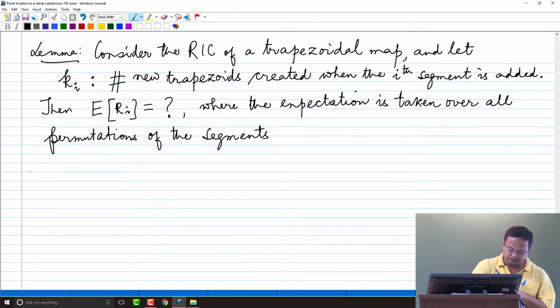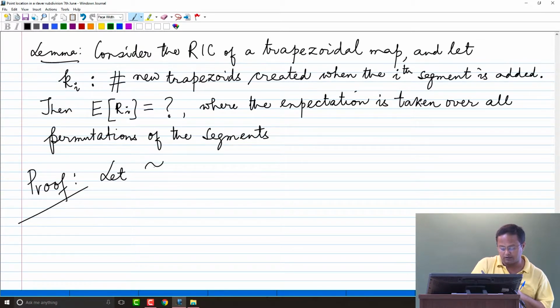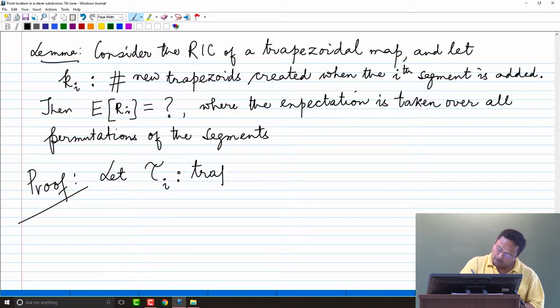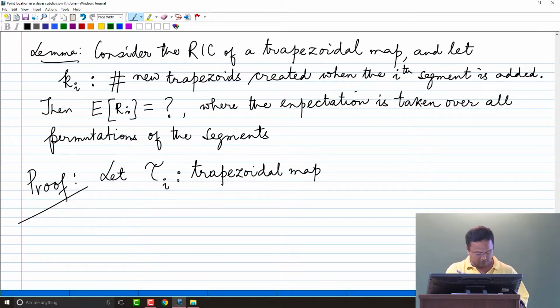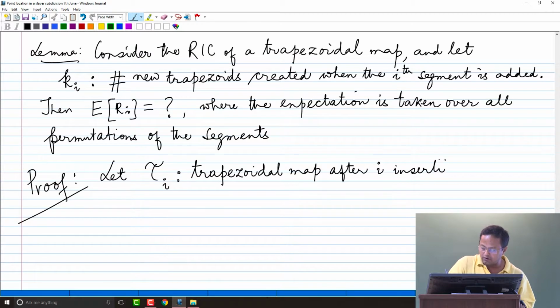Okay. Let us try to do a proof of it. So, for some notation, let T_i be the trapezoidal map after i insertions.